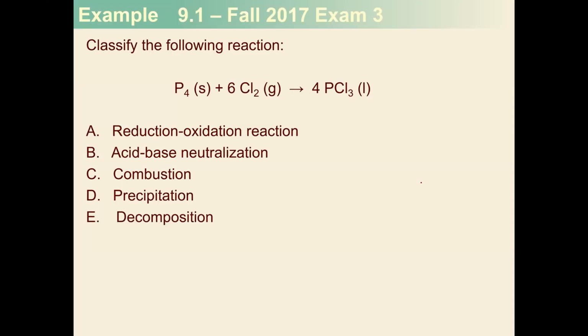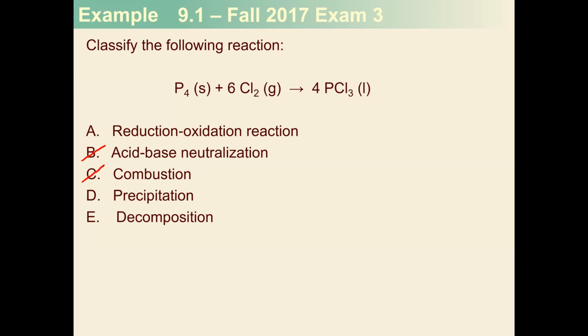So let's try a couple examples to finish up this video. Classify the following reaction. I have phosphorus plus chlorine going to form PCl3. So now we will notice that this is not an acid-base neutralization because we do not have an acid or a base. Are we burning anything in the presence of oxygen? No, so this is not a combustion. Is this a precipitation?